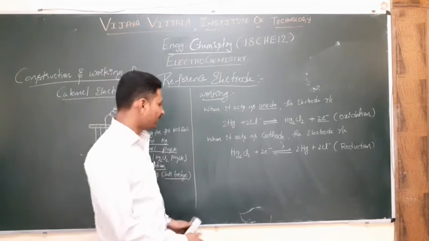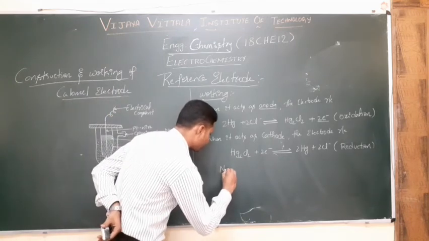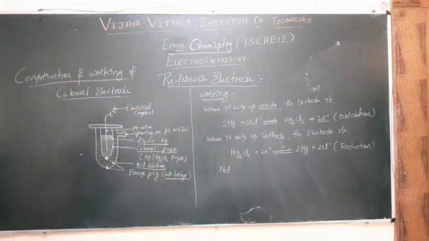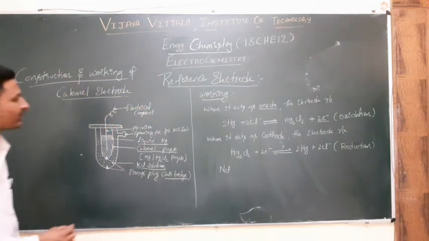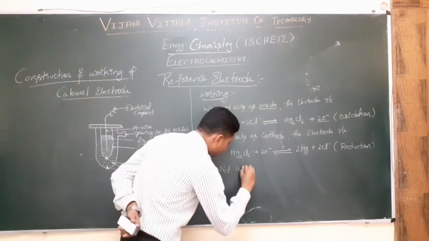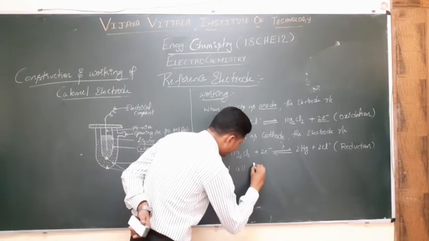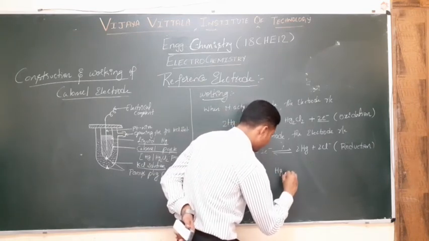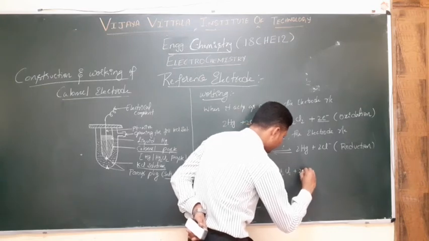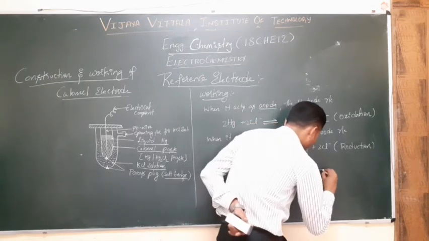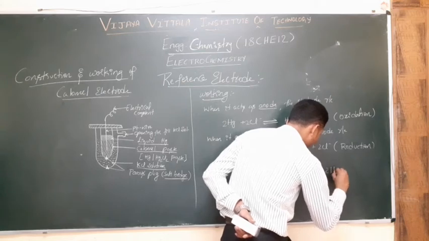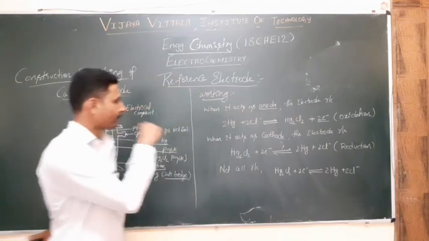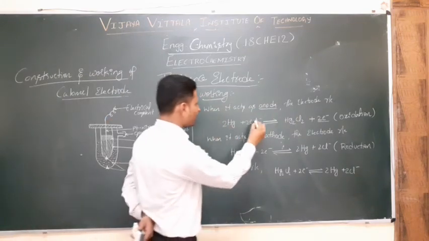So we can write the net electrode reaction, not a cell reaction: Hg2Cl2 plus 2 electrons gives rise to 2Hg plus 2Cl minus.